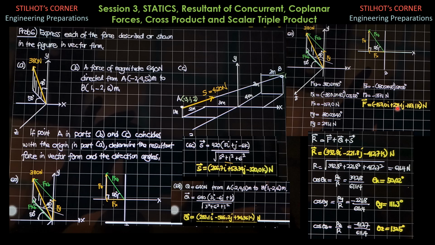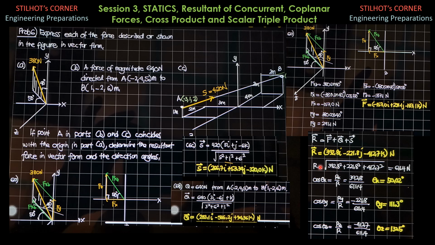Then 291.1 minus 566.2 plus 53.34, that would be negative 221.8 j. Then negative 187.1 plus 94.36 minus 320, that's negative 412.7 k, units newtons.